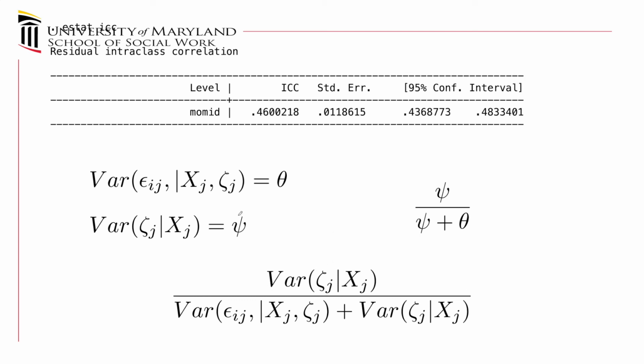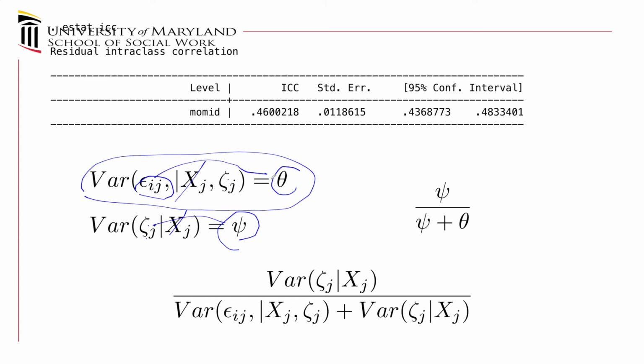We looked at this earlier when we looked at the assumptions, and I said that we assume that theta is the variance of the εijs controlling for the x's and the zetas, and psi, the variance of zetas, is the variance of zetas controlling for the x's. Now when we don't have any x's, this is just the variance of this, and this is just the variance of this.